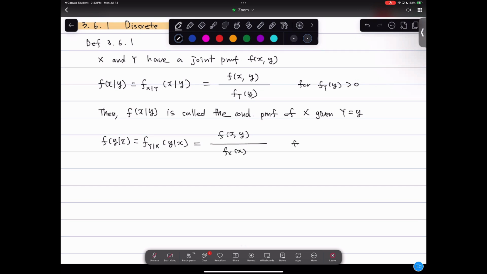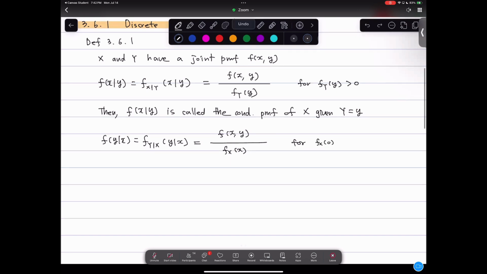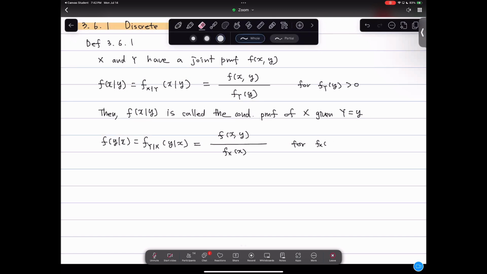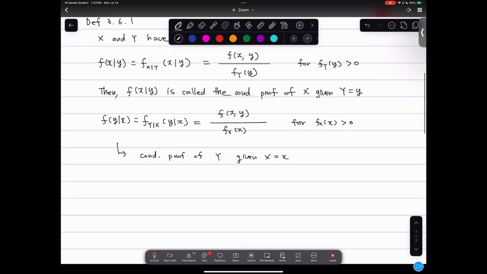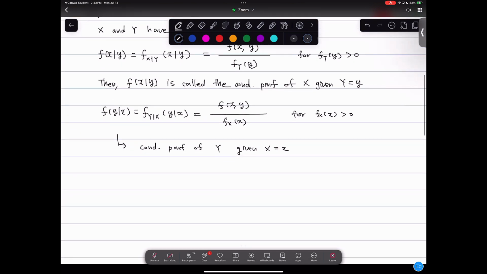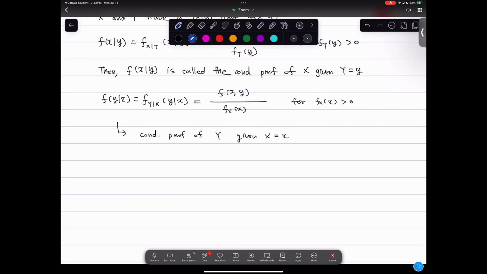And of course, the denominator cannot be zero, so it's positive. This is called the conditional PMF of y given x equals some number x. So that's the definition.